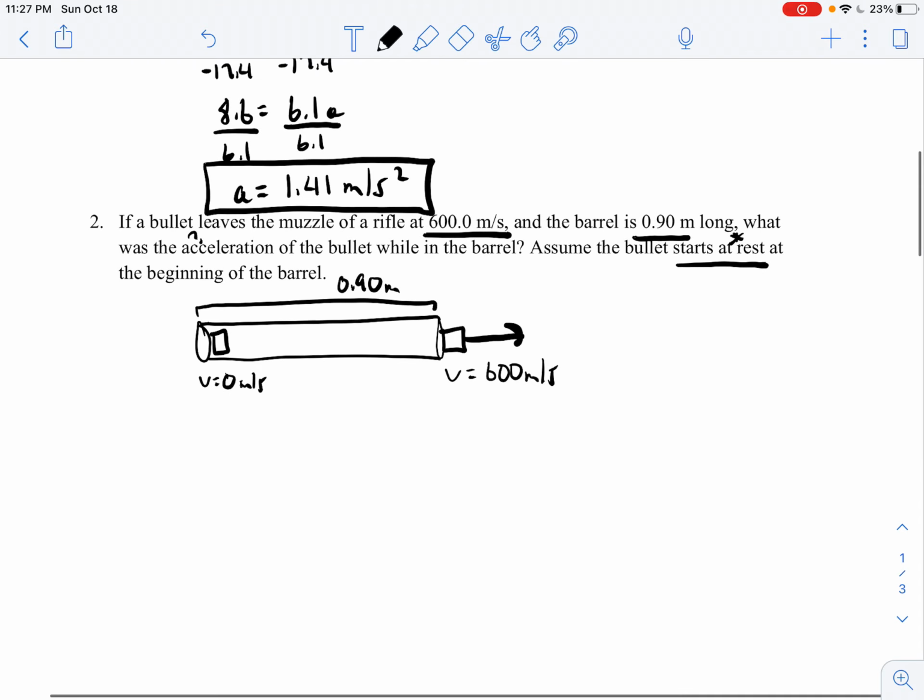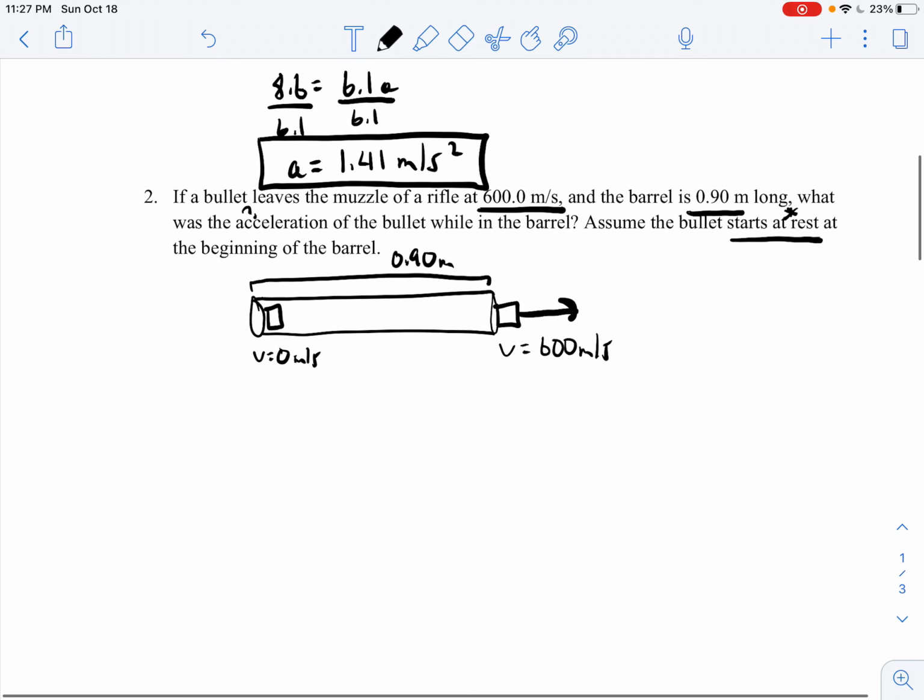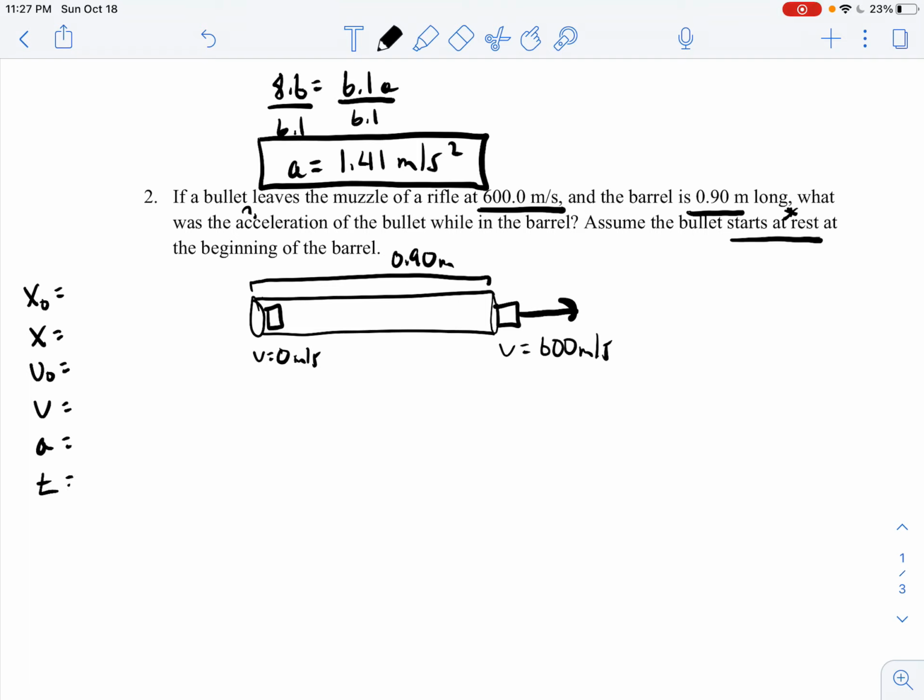So again, thinking about our quantities that we have here, we're going to have initial position, final position, initial velocity, final velocity, acceleration, and time. Looking at our initial position, we know that our barrel of our gun is going to be 0.9 meters long.